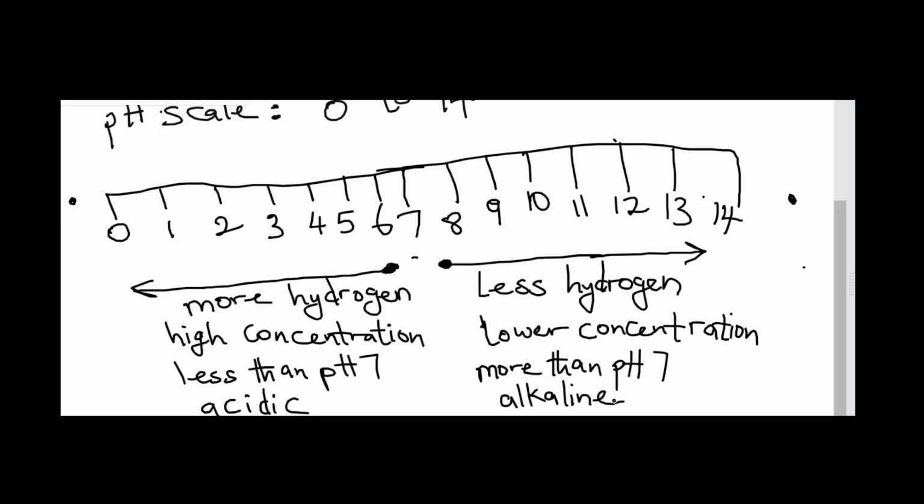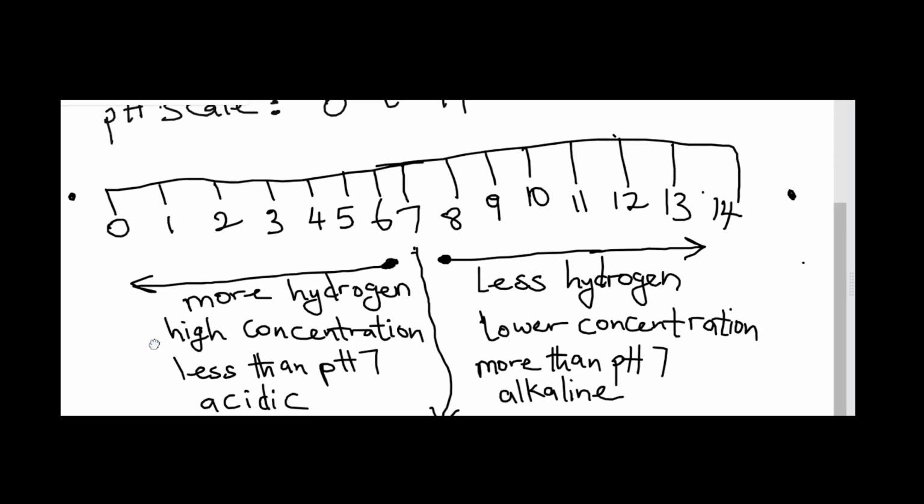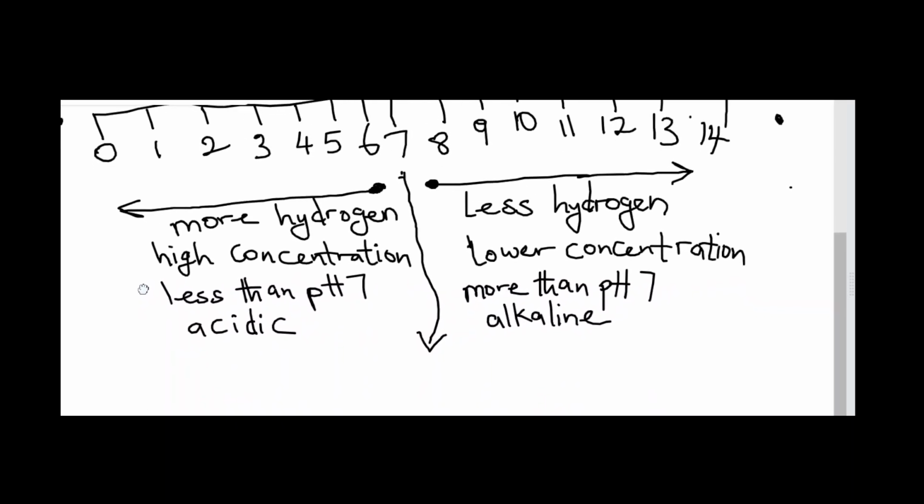Now, our 7 is exactly neutral. Okay, so it has to be exactly pH 7, I'll bring my arrow down here like so and write pH 7. If you are given 6.9, that is not neutral. It might be close to neutral, but it is not neutral.